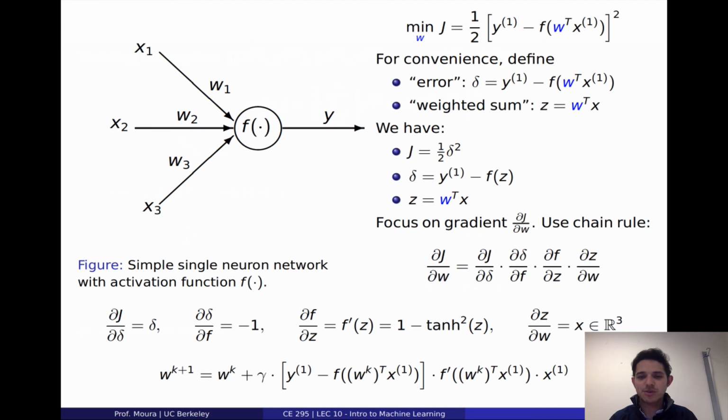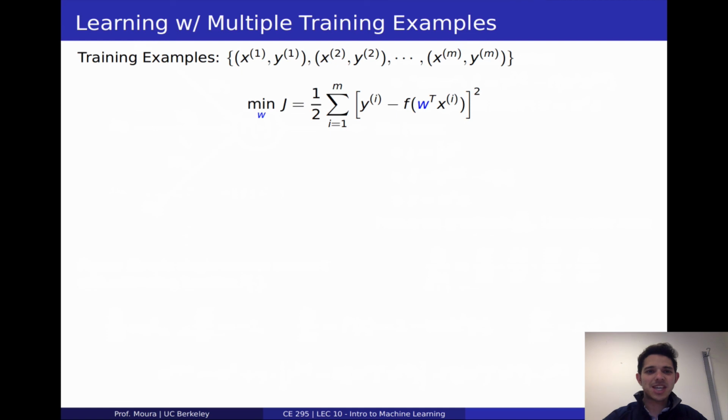And this is exactly how you start if you want to understand how to do training with neural networks. So let's now take a step forward and ask what happens when you want to train with multiple examples. So you have multiple data pairs. So here now we suppose that we have m examples in terms of these pairs. And now what I'm going to do is the typical least squares objective, where I'm going to minimize the sum of the squared residuals. Right? So the key thing that changed here is the summation over i, and now these superscripts on y and x are i's here.